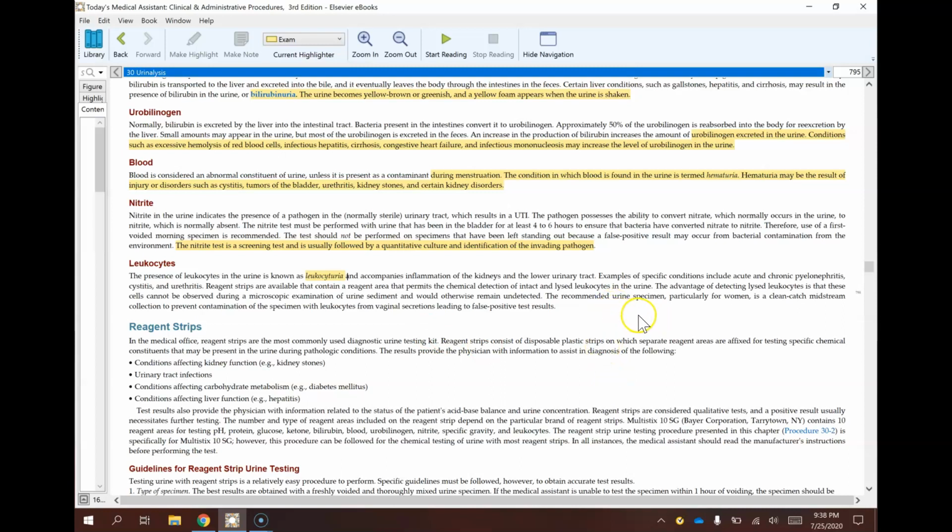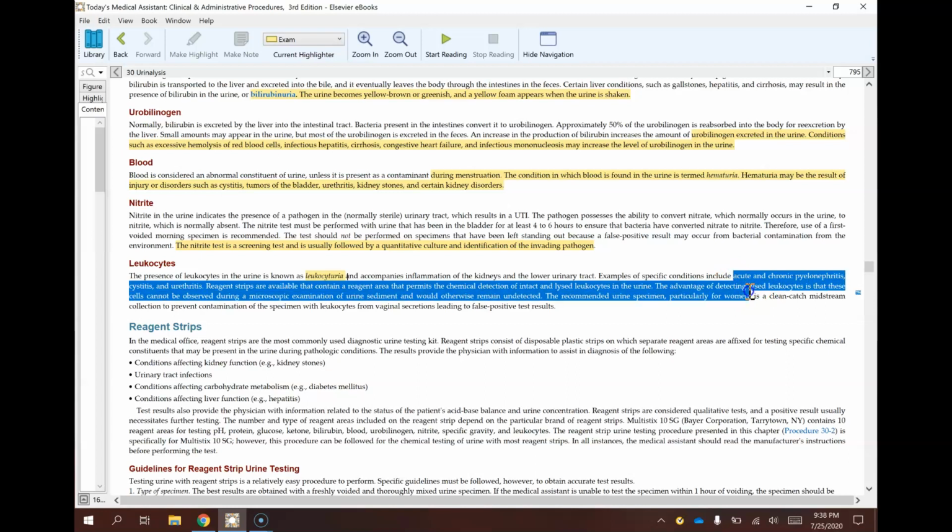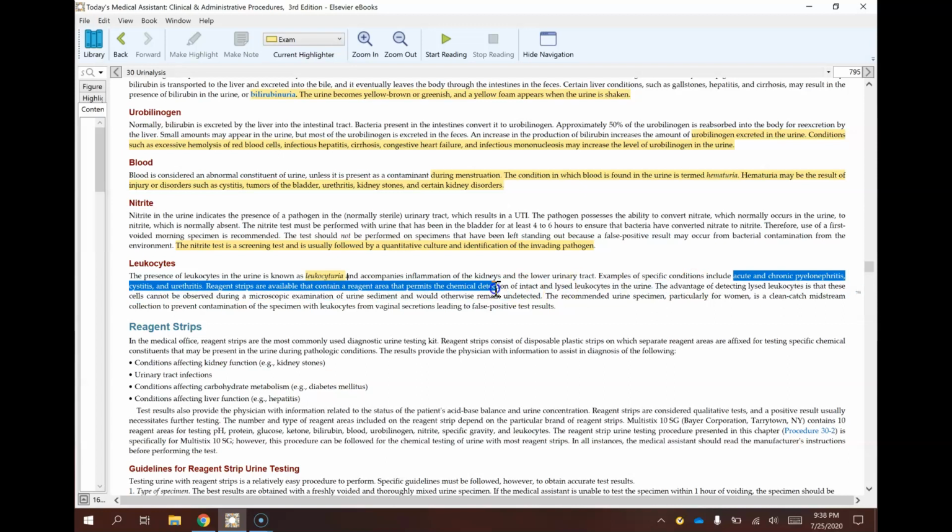Usually it's due to a problem in the urinary tract and or the kidneys. And I want to highlight some of the conditions. It talks about acute and chronic pyelonephritis, cystitis, urethritis. Okay, let me highlight those again.